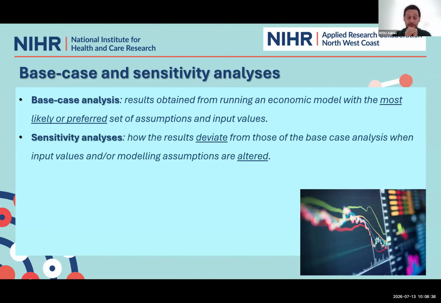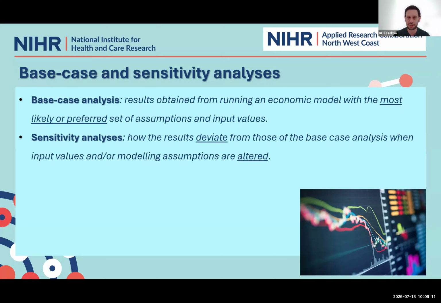With a sensitivity analysis, instead, we are trying to understand how the results deviate from those of the base case analysis when input values and/or modeling assumptions are altered. So this is a bit different. We are trying to move away from the average scenario. We're trying to understand what might happen in other portions of our data set if we change some values of our input.